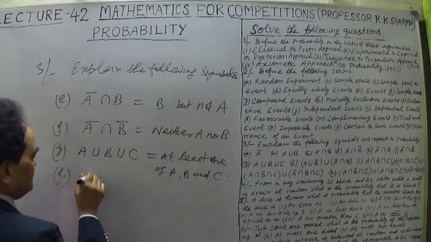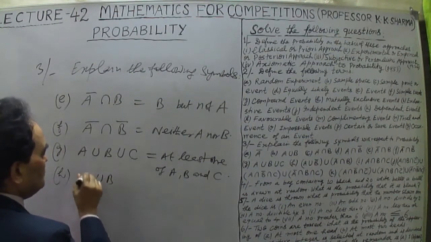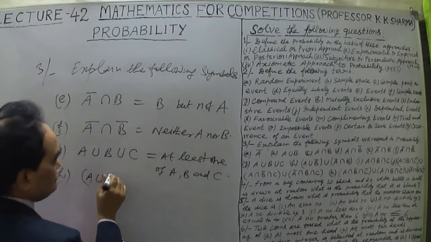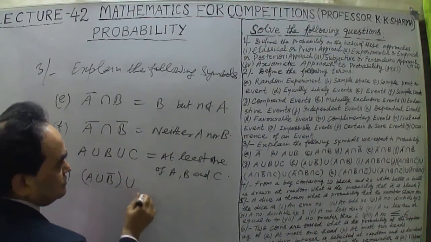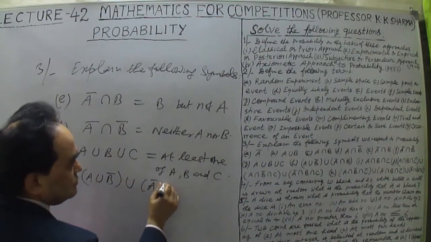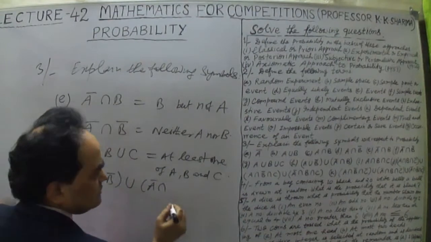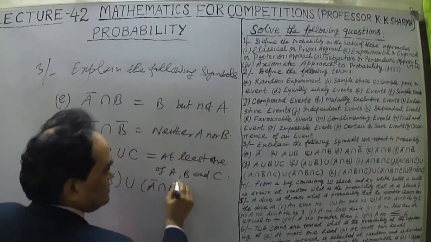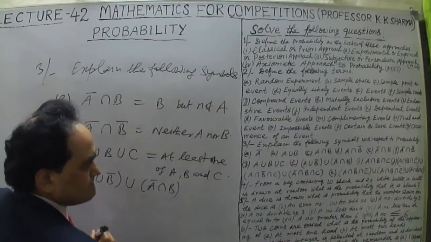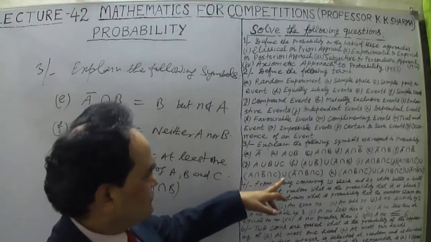H is A union B naught union A naught intersection B. This is H we are taking.